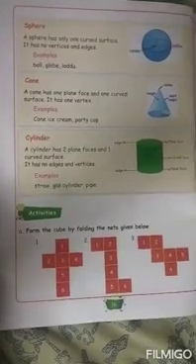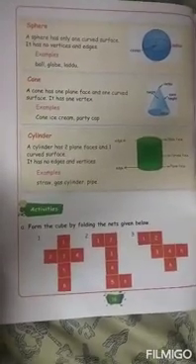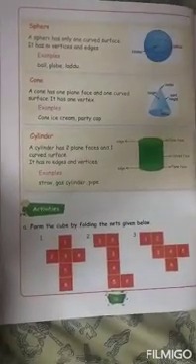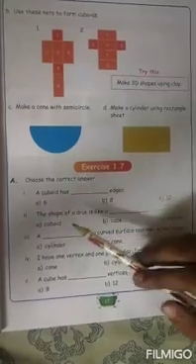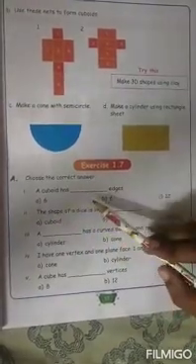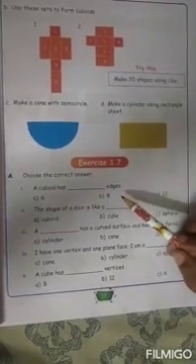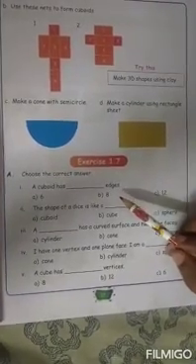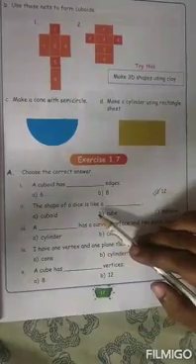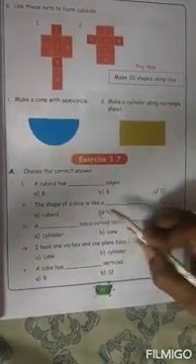Okay children, now we'll do exercise number 1.1. Choose the correct answer. A cuboid has dash edges. How many edges does it have? It has 6 faces, 8 vertices, and 12 edges. The shape of a dice is like a cube.